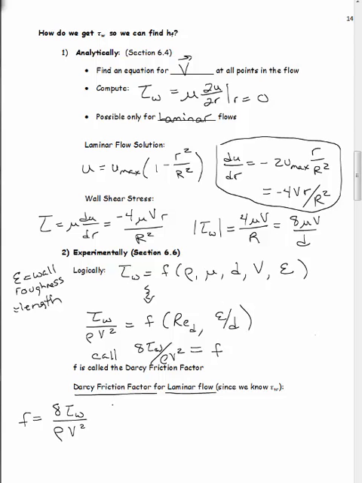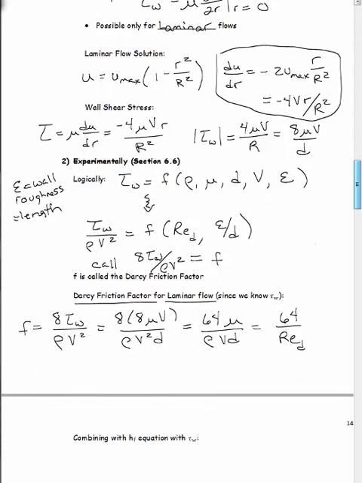Well, we have an equation for tau at the wall, so that's going to be 8 times 8 mu v over our rho v squared d, and one of these v's cancels. 8 times 8 is 64 mu over rho v d, which happens to be 64 over Reynolds number. So that's all you use if it's laminar flow. If you figure out you got Reynolds number less than 2300, you can just use that for your friction factor.